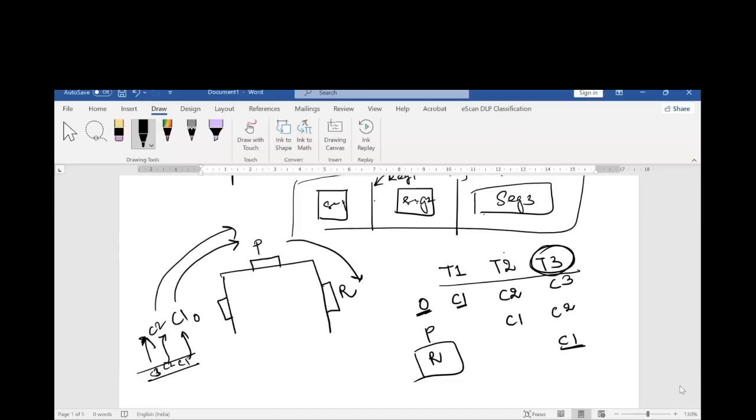In the 4th clock cycle, car 2 will receive the order and car 3 will go into the payment stage. At time cycle T5, car 3 will receive its order. So if you look at this arrangement, after 5 clock cycles, all three cars, car 1, car 2 and car 3, receive their orders.